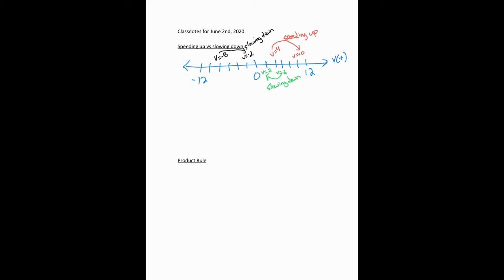Let's say we're at a velocity of negative 4, and then we'll go to a velocity of negative 12. There my velocities are decreasing, because as I go from negative 4 to negative 12, I'm going to lower numbers, but I am speeding up because at negative 12, my velocity is faster than it was at negative 4. So this is speeding up.